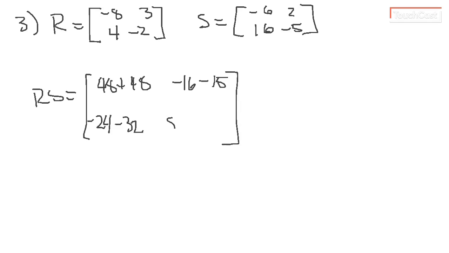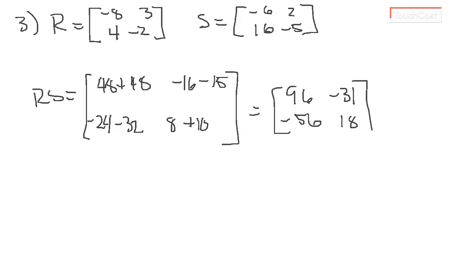And we go 8 plus 10. Which means we're going to have the matrix 96, negative 31, negative 56, 18, which is not an identity matrix, which means R and S are not inverses of each other.